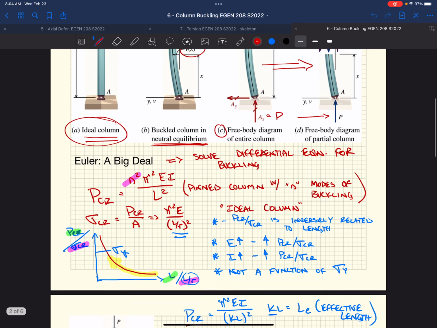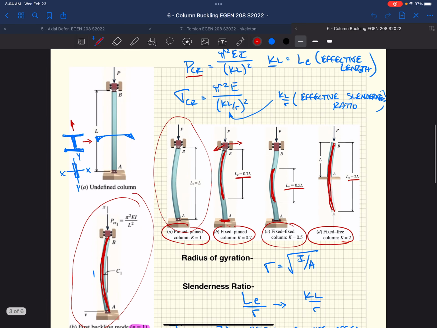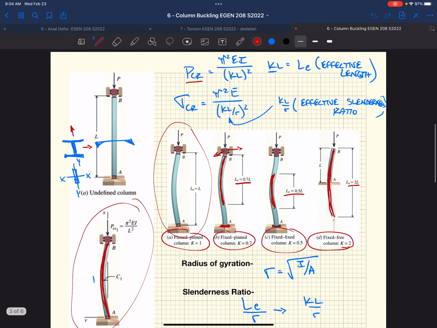The big takeaway I wanted to get out of this is that fixity at the top and the bottom, a change in fixity, essentially changes the calculation associated with the capacity. This is our pin-pin column, which I mentioned in lecture.